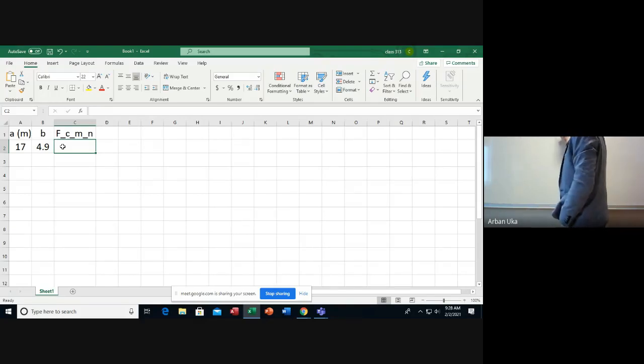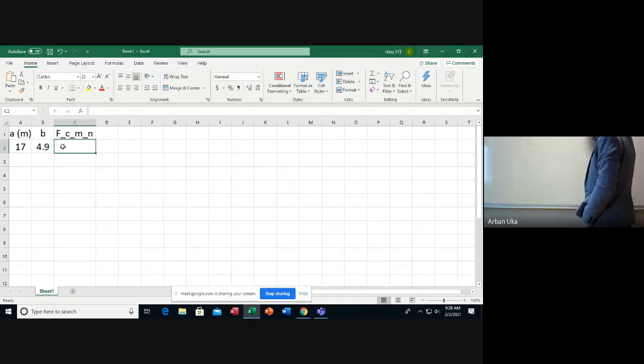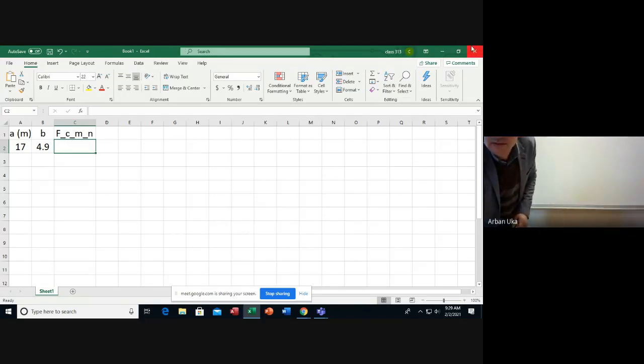This is equal to, so this would be units of 1 over the second. And here in the square root, we have (m pi over A) all squared plus (n pi over B) all squared. So, wait a second.